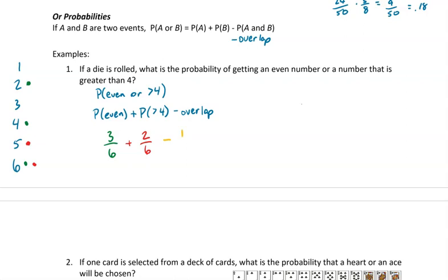So there was one of them that overlaps out of 6, meaning that 6 is a number that is both even and greater than 4. That's why it's the overlap. All right, so once we do that, we just get 4 out of 6, or 2/3.